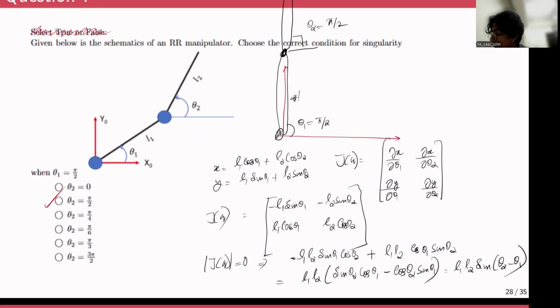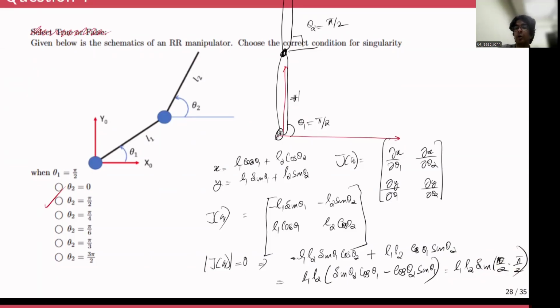And in the question, theta 1 is already given as pi by 2. In order for this equation to be 0, theta 2 also has to be pi by 2, right? Then sin 0 becomes 0, the determinant becomes 0. For a simple manipulator like this, we can obtain the singular configuration just by observation.